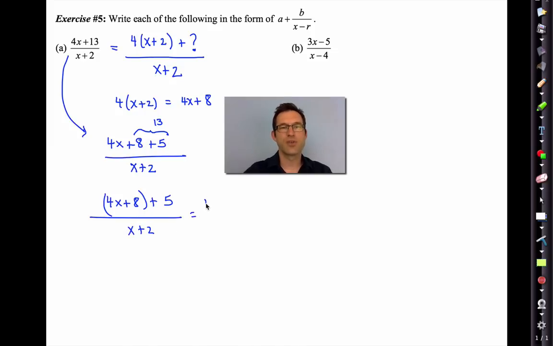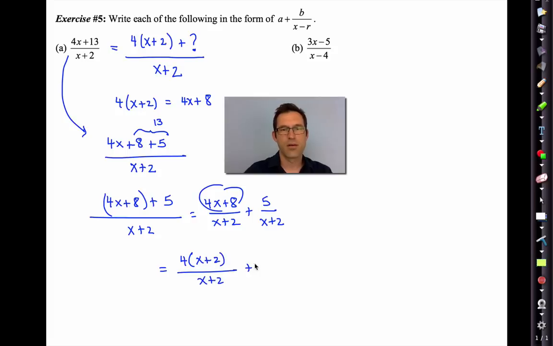And now I can distribute that division. So I'd get 4x plus 8 divided by x plus 2, plus 5 divided by x plus 2. And if I factor this, those cancel, and I'll get 4 plus 5 divided by x plus 2.